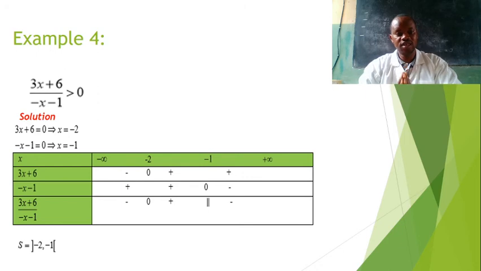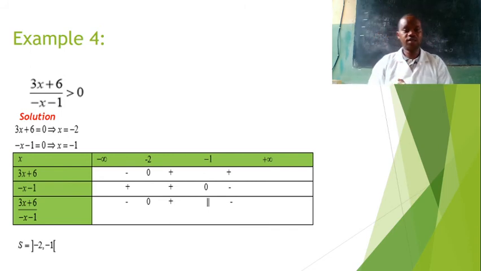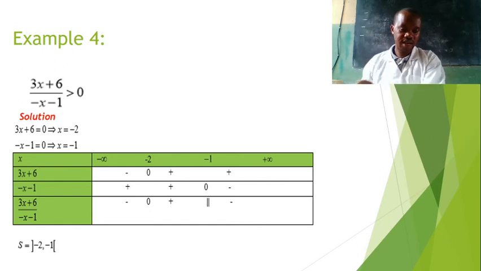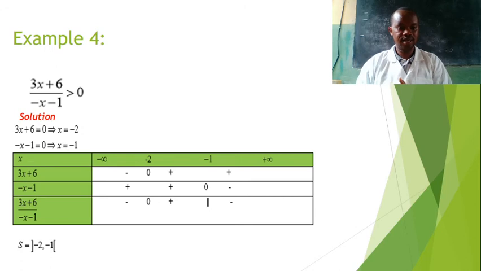The first row always contains the values of x starting from minus infinity up to positive infinity, and when putting the values of x which are found, we always start from the smallest to the largest. It is the rule. And we put those factors. The numerator comes first, the denominator is next.